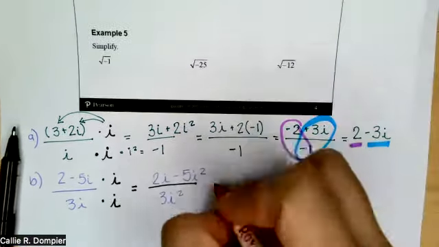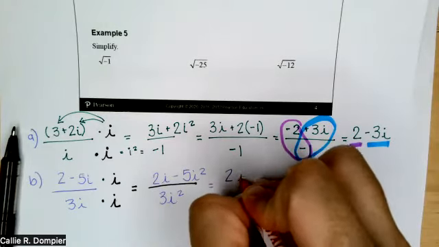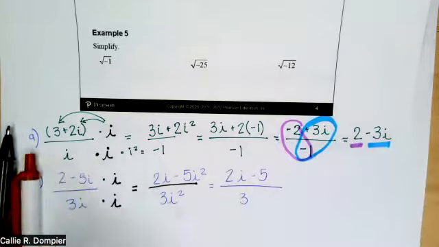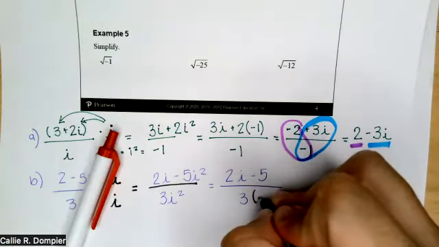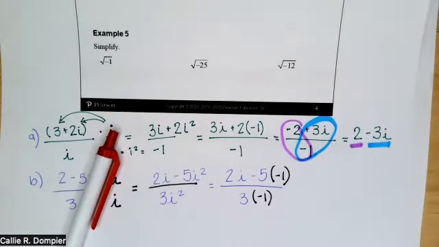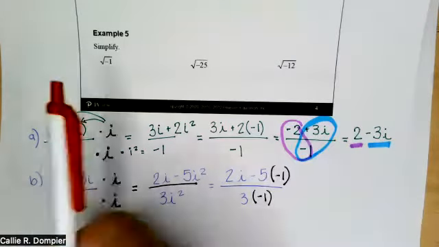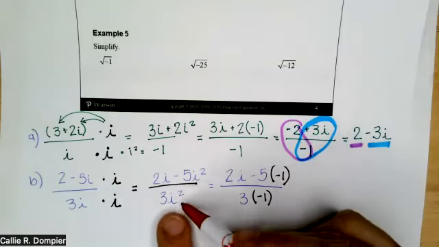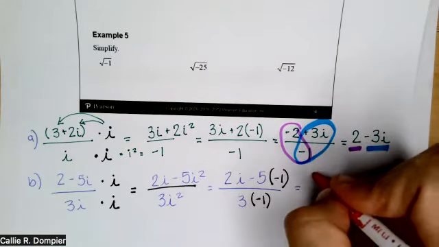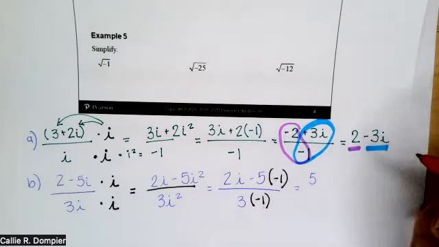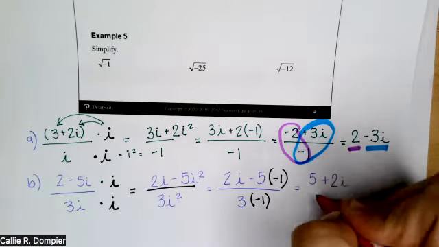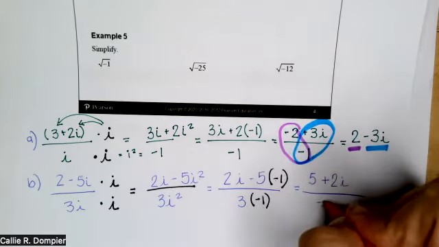My next step is to translate those i squareds into -1s. That i squared can become a -1. That i squared can become a -1. -5 times a -1 is a +5. I'm going to put it in front because it's the real number. I'm going to put the 2i behind it. 3 times -1 is a -3.